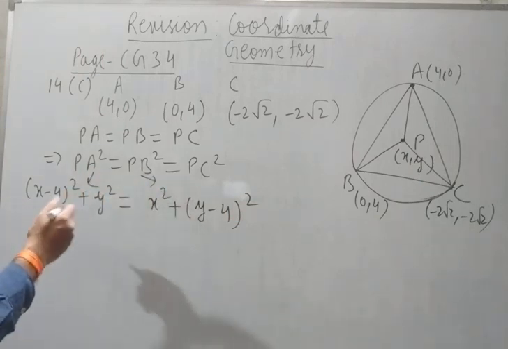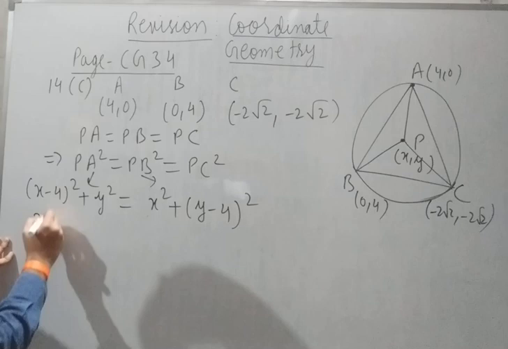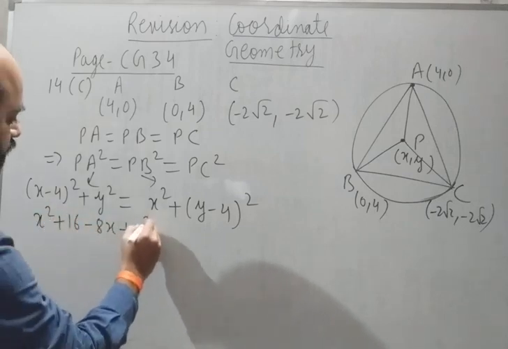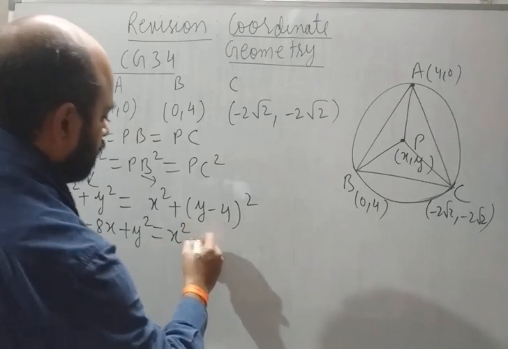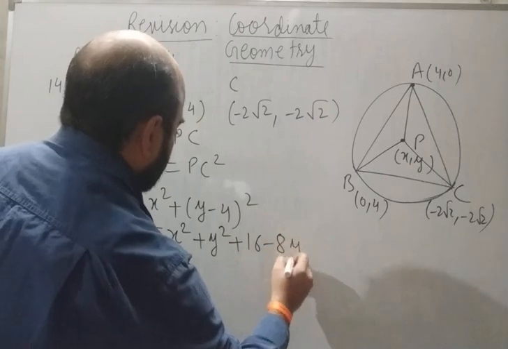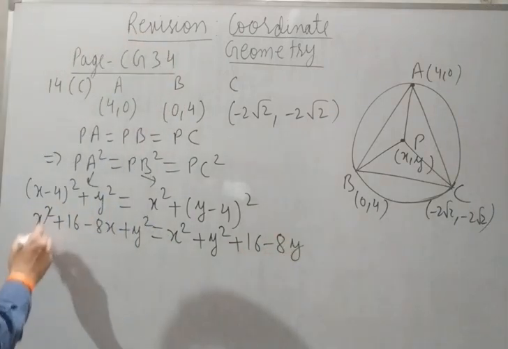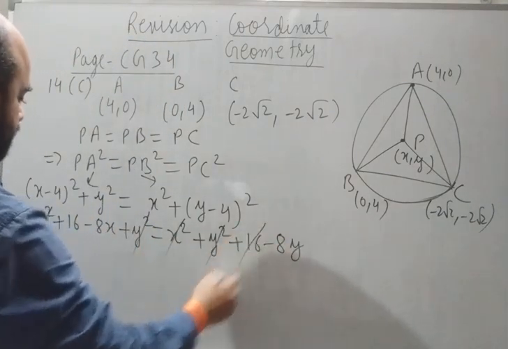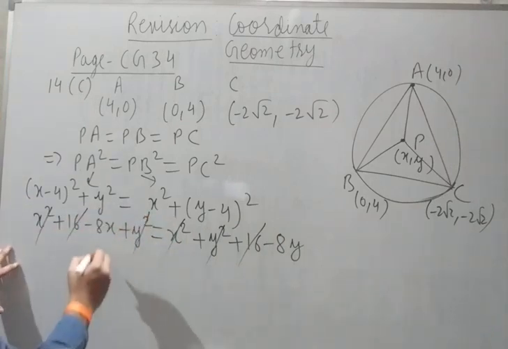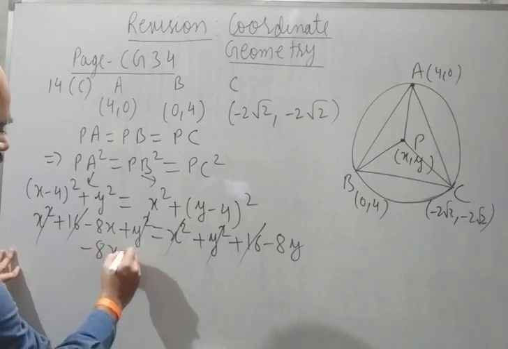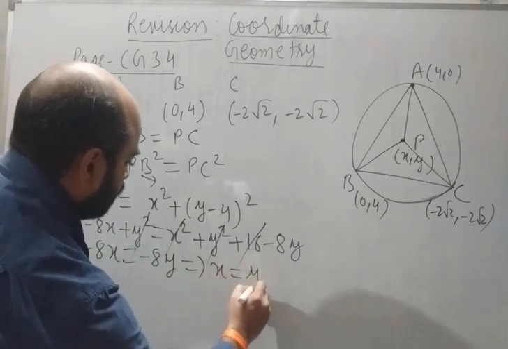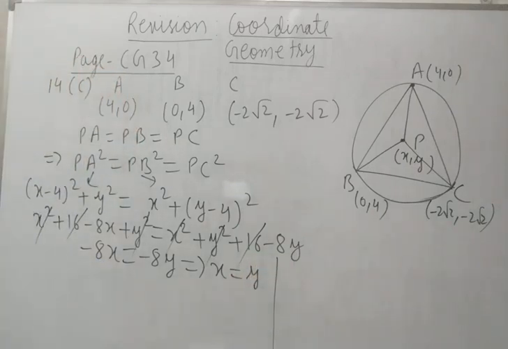That will give x square plus 16 minus 8x plus y square equals x square plus y square plus 16 minus 8y, correct? So x square, y square, 16 cancelled. What is left? Minus 8x is equal to minus 8y, that will give x is equal to y. So that gives the first equation.